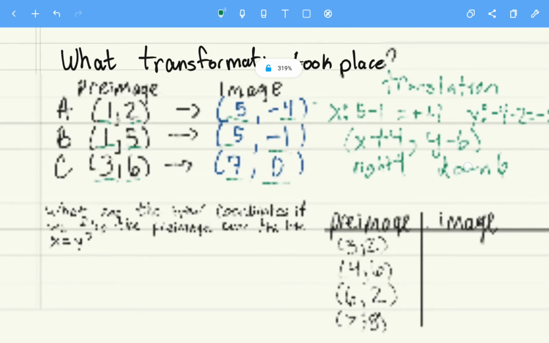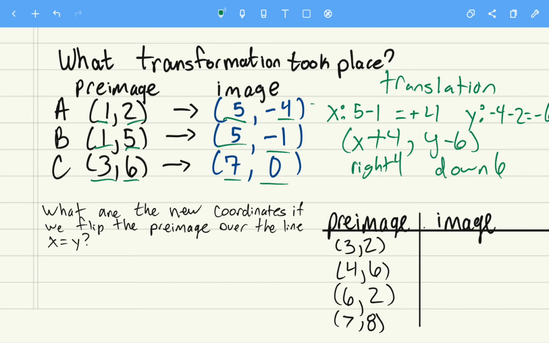Now we are wanting to find our new coordinates if we flip the pre-image over the line x equals y. So remember, the rule looks like x, y becomes y, x. So we just flip our coordinates.